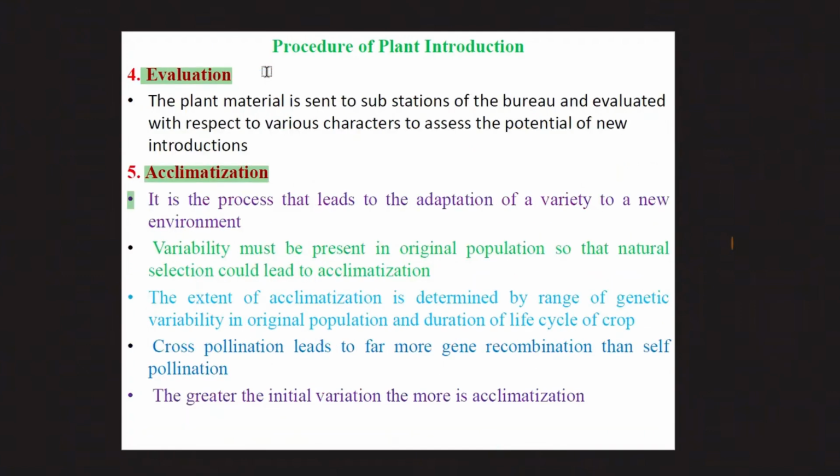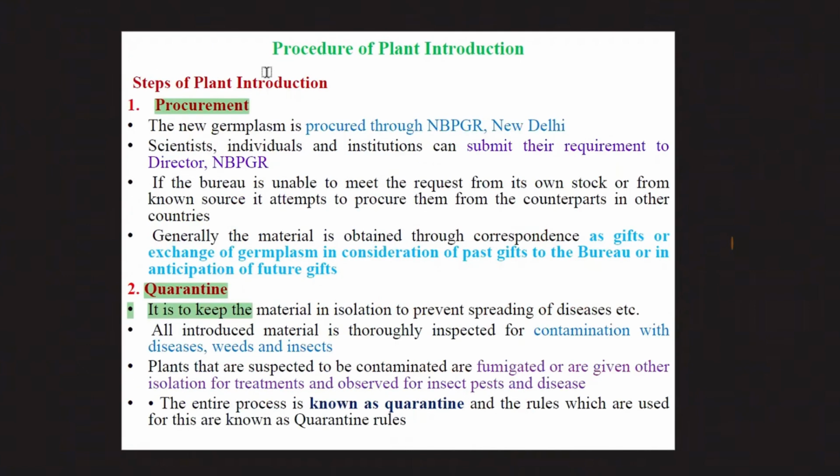New germplasm is procured through the NBPGR in New Delhi, and generally the material is obtained from the corresponding agency as a gift or exchange, in anticipation of future use. And the second one is quarantine. When we had COVID, we took some quarantine, like 15 days at home without going outside.